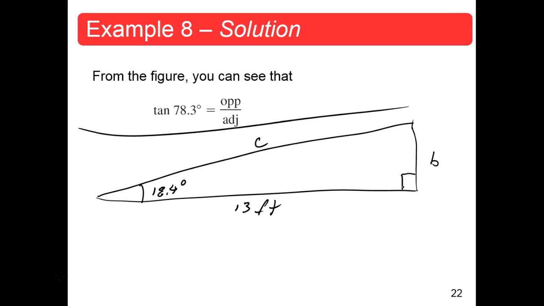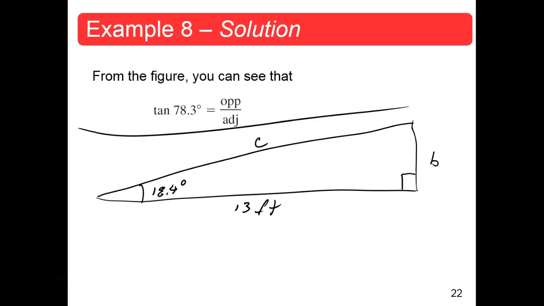So that is perpendicular. Okay? The question then is, what is the relationship between the angle 18.4 and either side B and side 13, and later we'll do C.